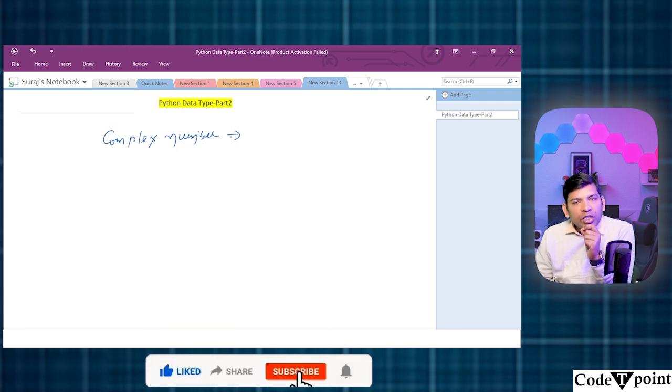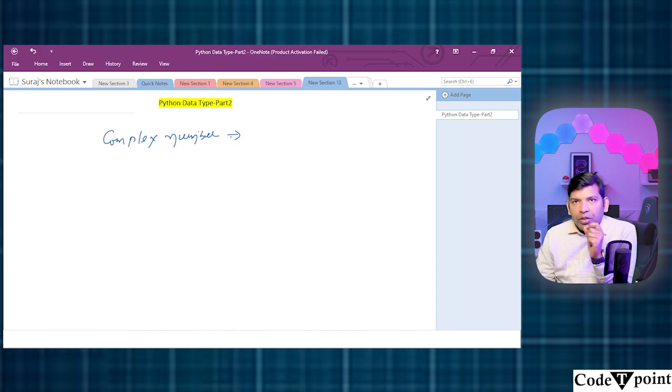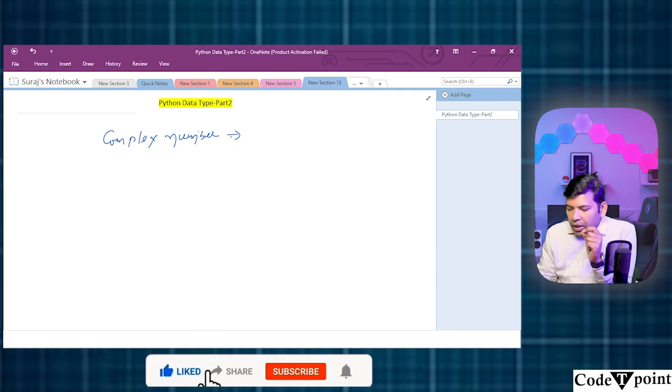One is real and the other is imaginary. Okay. So I'm just saying a complex number is an entity that has two elements: one is real and another is imaginary.